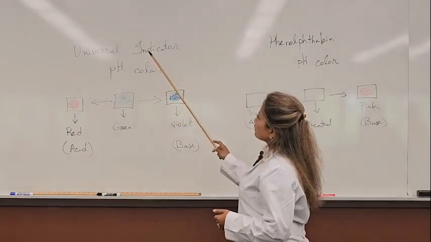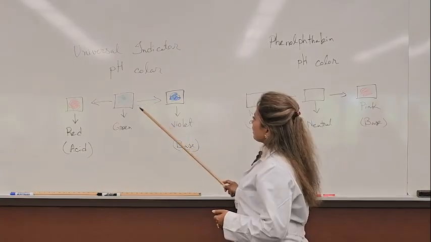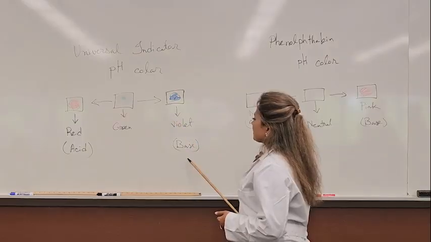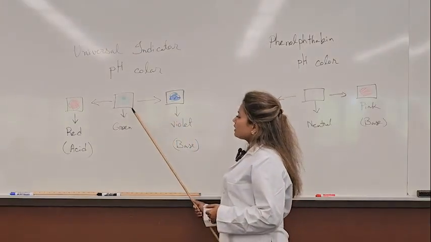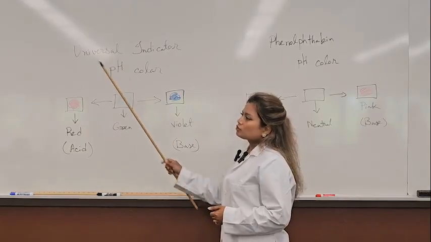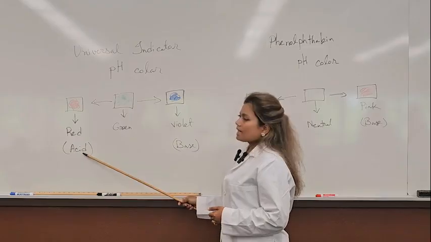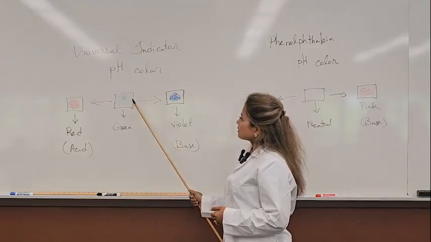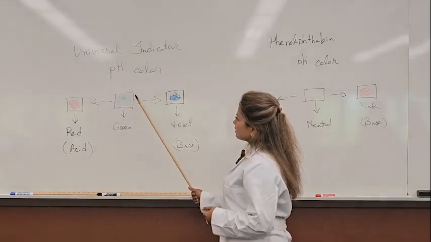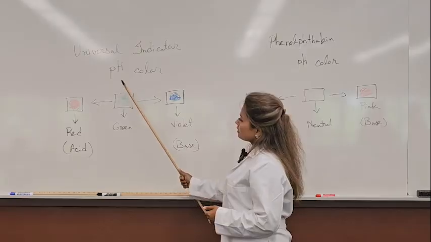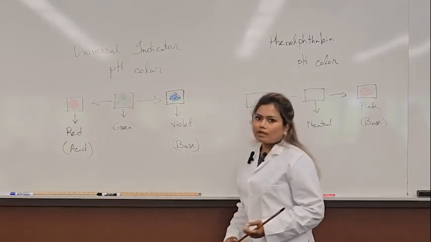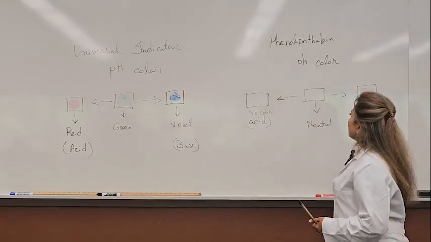If my color has changed to violet, that means it's a base. And if my color has changed to pink to red, it's getting acid. So green, blue, then violet is going to base. From green, getting to pink and reddish, we have the acid. That's how we know.